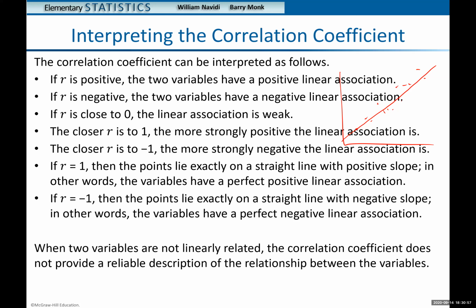The closer R is to -1, the more strongly negative the linear association is. If R is equal to 1, then that's a perfect straight line and positive. And if R is -1, also another perfect straight line with a negative slope. So copy those, how to interpret R.